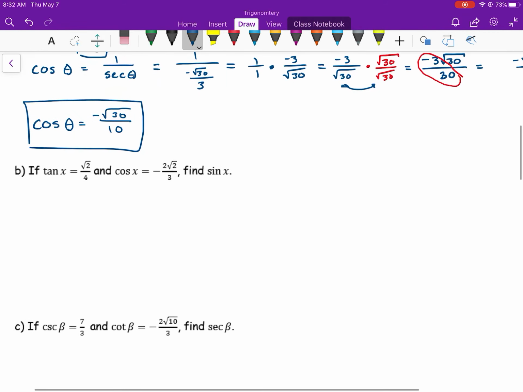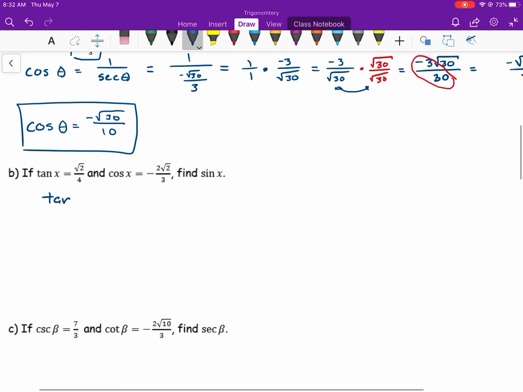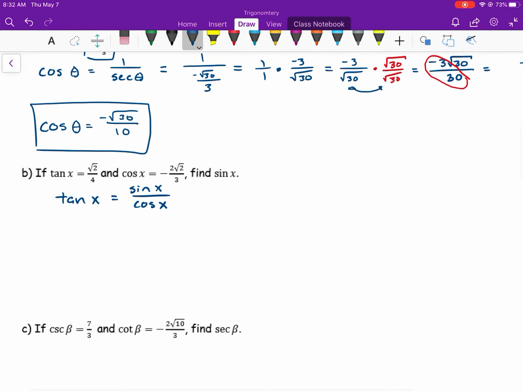Moving on to if tangent of x is equal to square root of 2 over 4, and cosine is negative 2 square root of 2 over 3, we need to find sine. Alright, so information given to us, I know tangent of x is sine of x over cosine of x, and that comes from above in that quotient property.